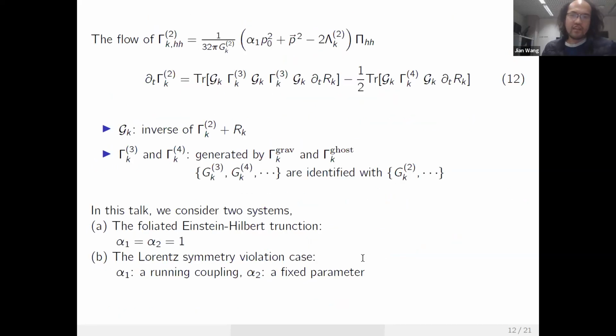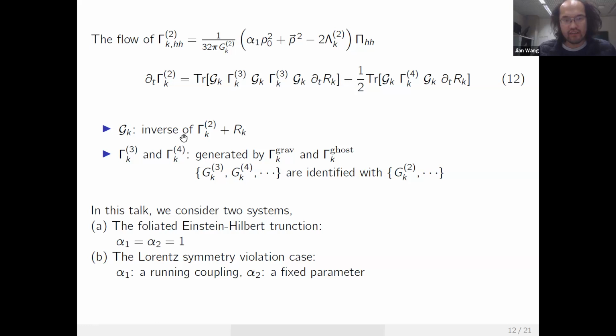Yeah. So now, as in the previous slide, the flow of the 2-point function can be given in terms of the 3-point and 4-point functions, and also the propagator.